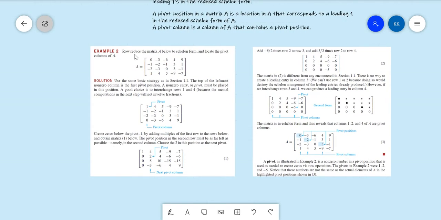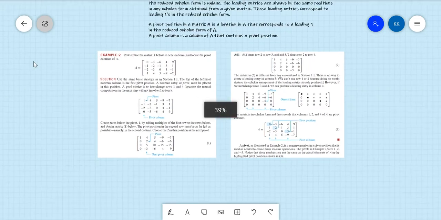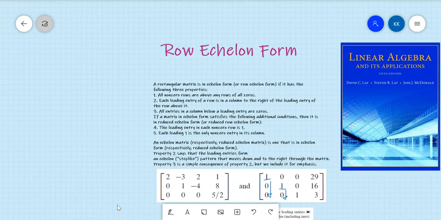So now example 2. Row reduce the matrix A below to echelon form and locate the pivot columns of A. We have this matrix right here. You can see right now it is not in echelon form. Why? Because first of all, there needs to be a 0 here, and then some values might start from here. Let's look at the properties once again.